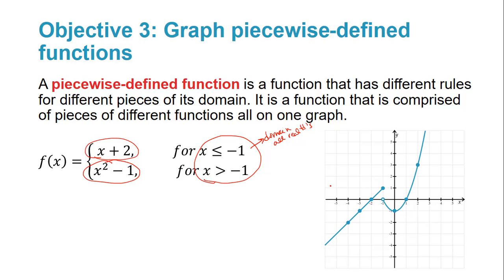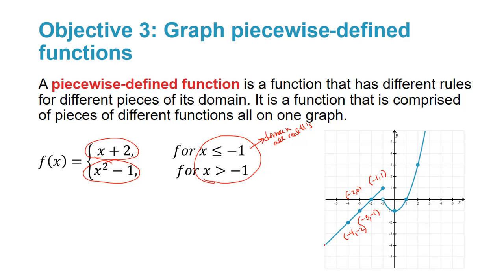Now the corresponding graph, which we're going to work on in just a minute, but notice that to the left of and including -1 on the x-axis, I have a point at (-1, 1), then I have a point (-2, 0), (-3, -1), (-4, -2).